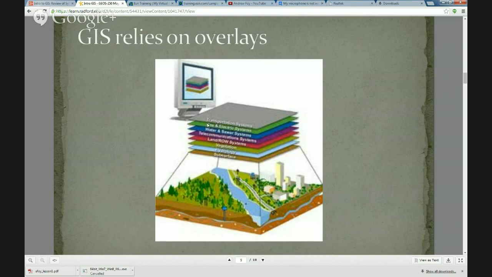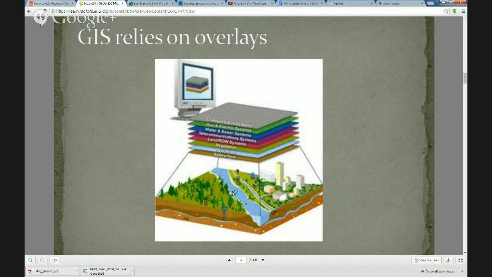The next layer might deal with gas. The next one might be water and sewer. Then we could have telecommunications, electricity, vegetation type, hydrology, and then maybe some sort of subsurface layer which deals with soil. And what we can do is we can overlay all of these on top of each other to more accurately depict and model the real world.